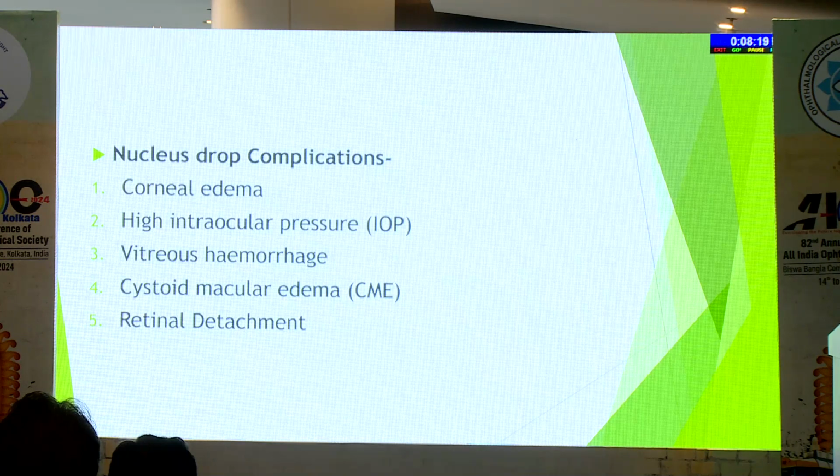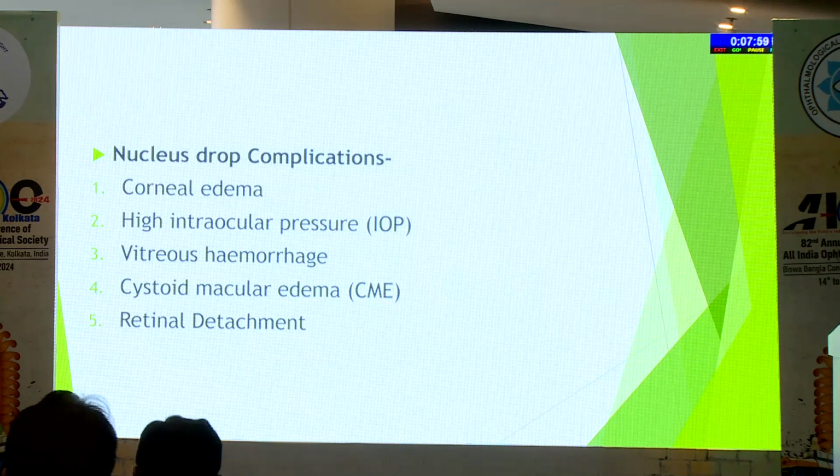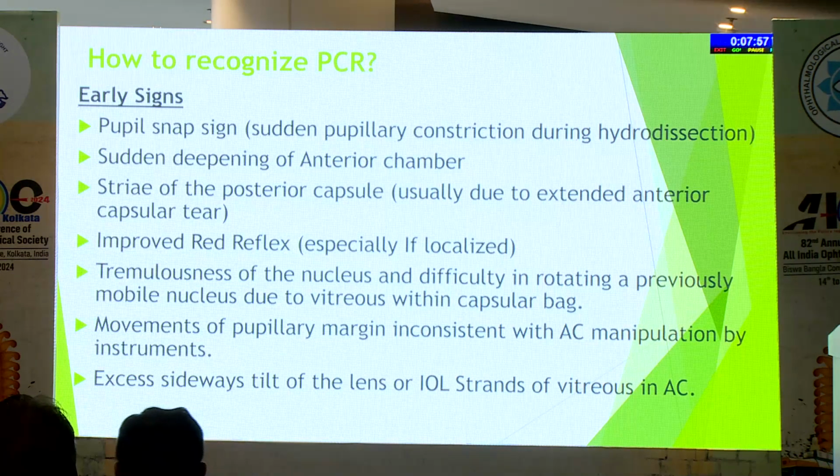Sometimes you are not able to handle these, and you and your patients are in anxiety until the patient has a good vision outcome. So please take precautions before proceeding with such cases to avoid such complications.